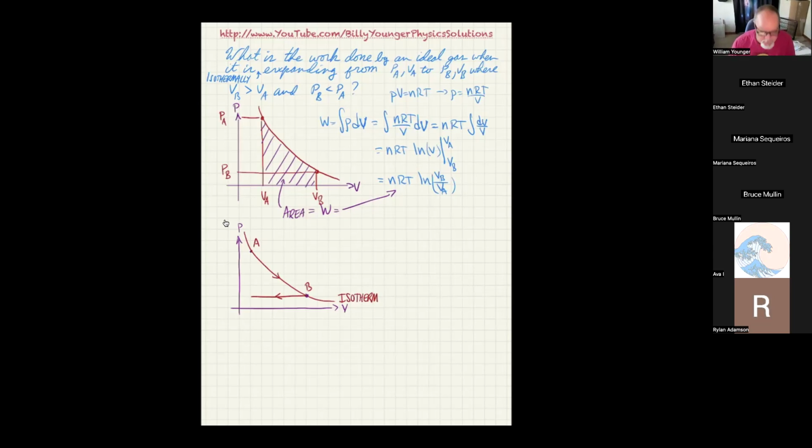Can anybody guess what that is? Notice it's horizontal, so whatever the vertical axis is going to be a constant, and that should mean, of course, that it's isobaric.